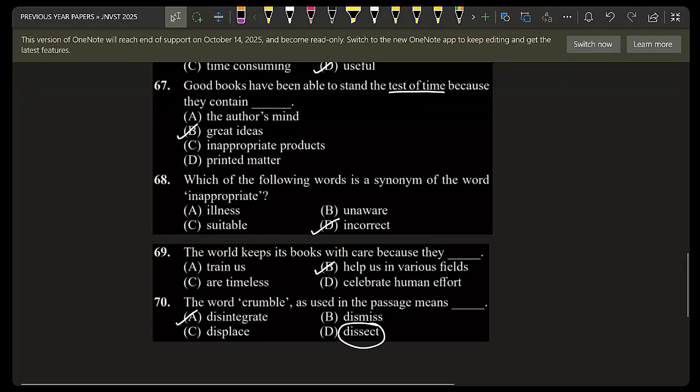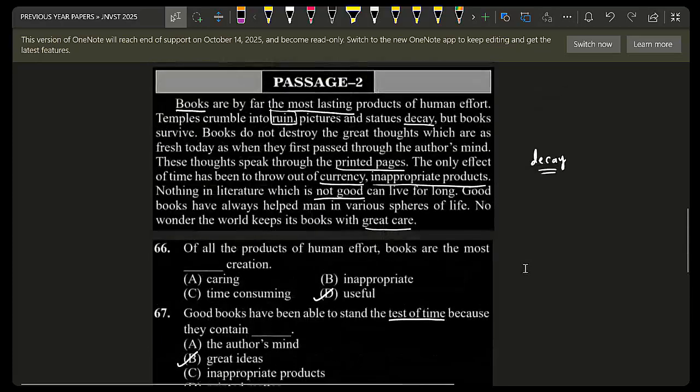Ruhan, what is your doubt? Sir, what is the word literature? Where is it? Sir, seventh line in the passage. Okay, what is that word?